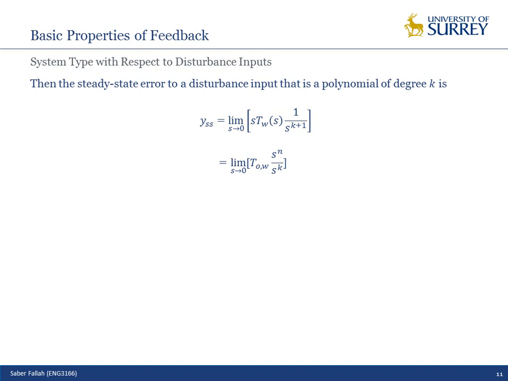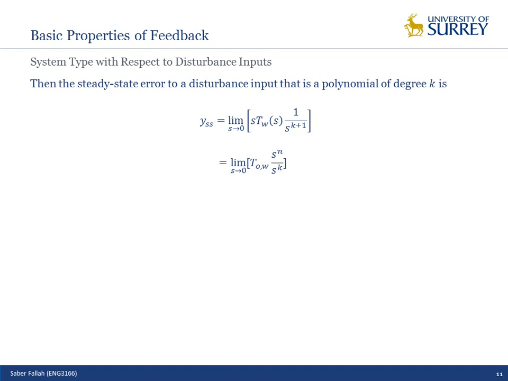Okay? If you're looking for the system type from the output to the reference input, it is in this relation. If I'm looking for the steady state error from output to the disturbance input, based on the superposition principle, I'm assuming R is 0. Still, the steady state error is R minus Y. So I just need to put R equal to 0.